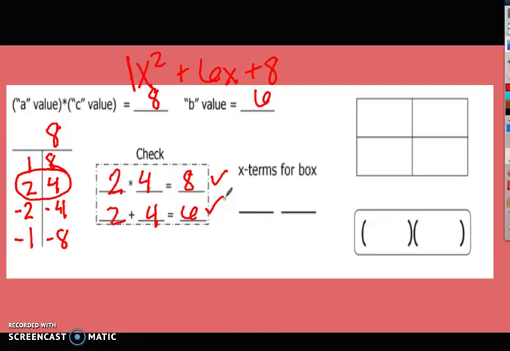Those are the factors I want to use. They're the same factors that multiply to 8 and add to 6. That was what I was looking for. So these are my coefficients for my x terms in my box. So I'm going to use 2x, and I'm going to use 4x.